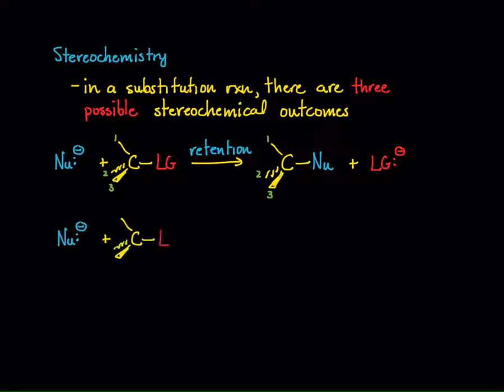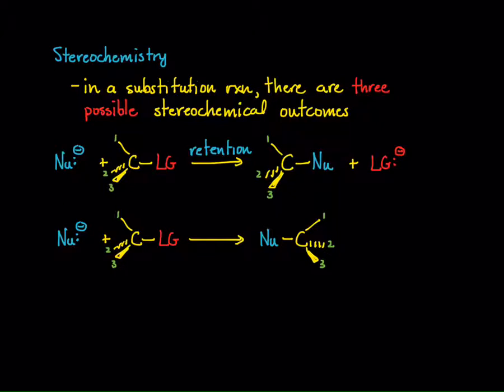Another possibility is where you have the nucleophile coming in from the opposite direction of the leaving group, and so notice what's happening to that stereogenic carbon. The groups 1, 2, and 3 basically move away from the nucleophile, so as the nucleophile is approaching from the opposite side of the leaving group, that stereogenic carbon has to somehow change its geometry a little bit.